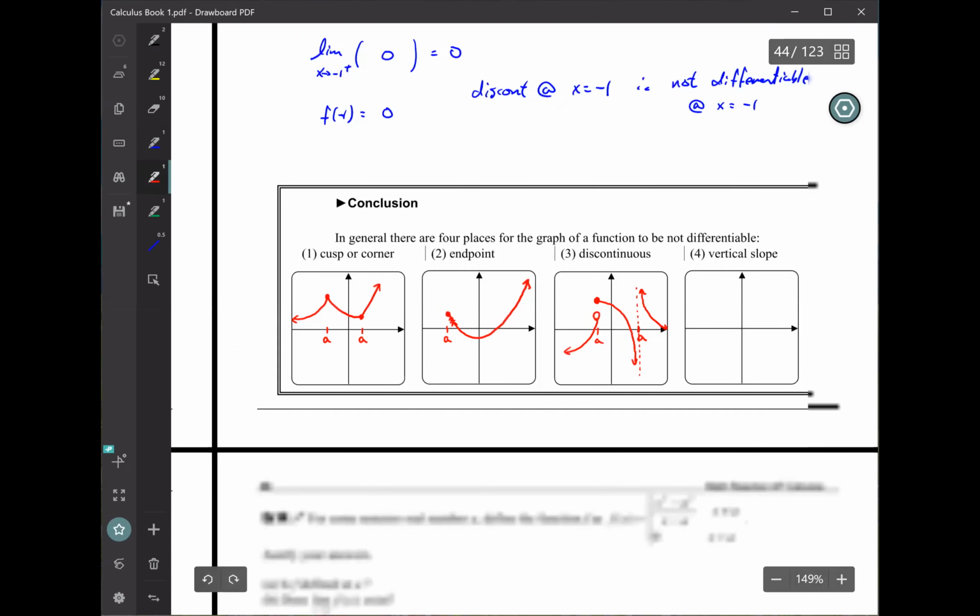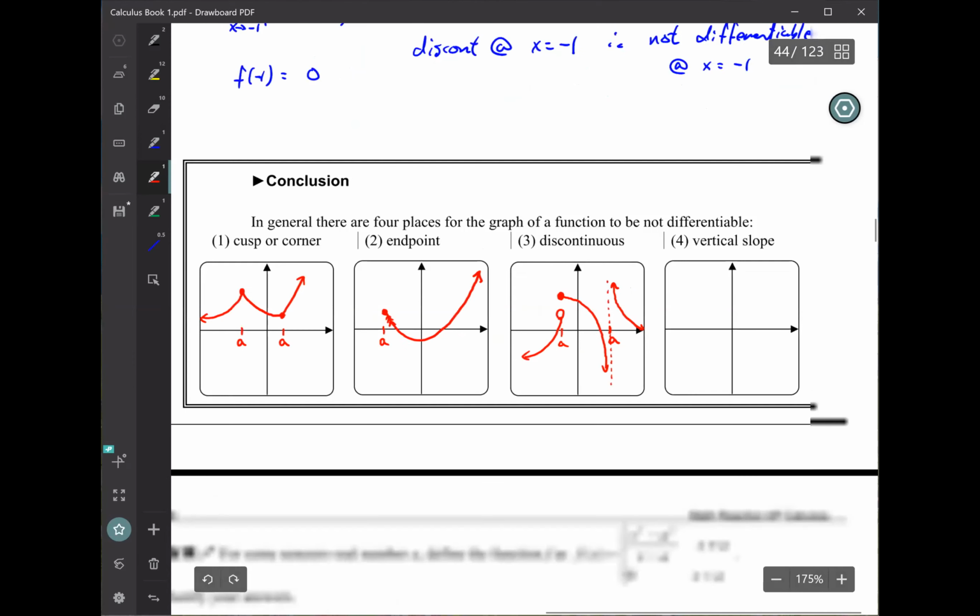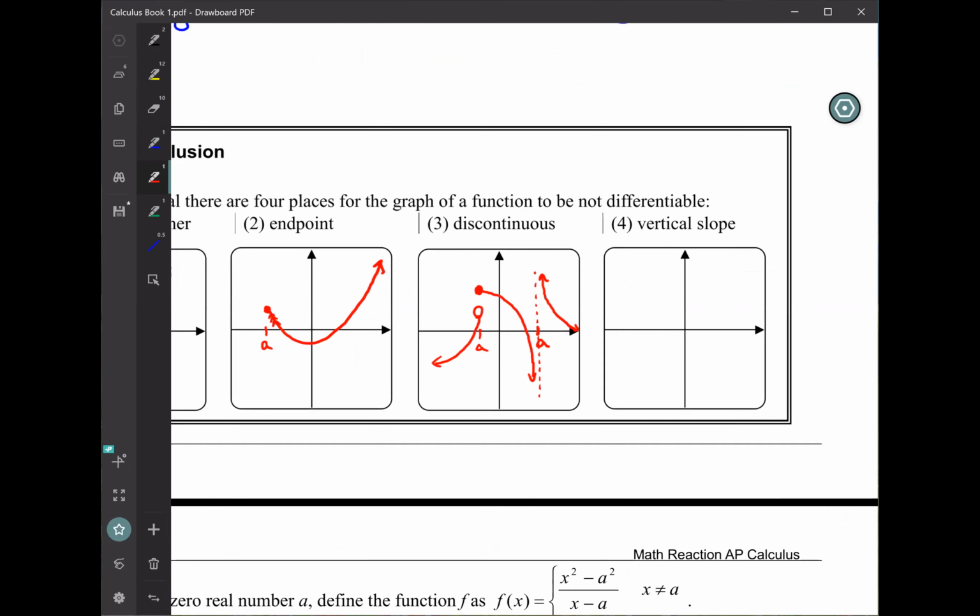Last one, the vertical slope. We have had vertical slope before, like a circle will have vertical slope. Another graph that has vertical slope will look like this.